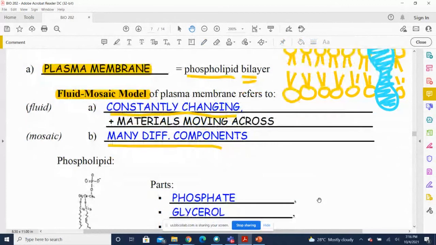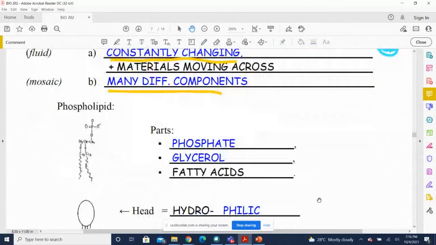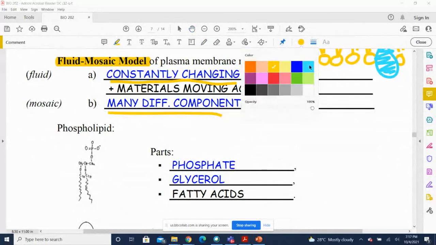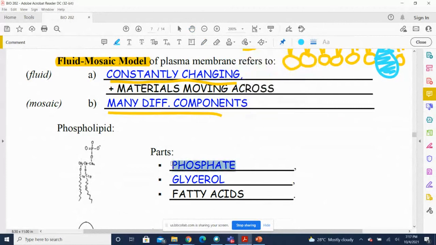We do need to talk about the phospholipid a little bit to highlight the different parts of the phospholipid. So let's start by reminding that we had our phosphate group. Our phosphate group here was attached to a glycerol.